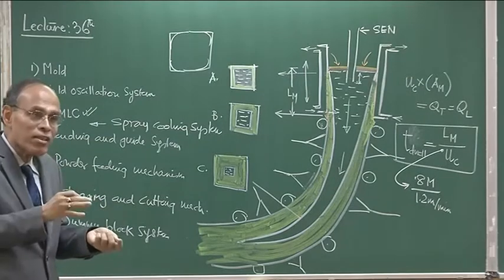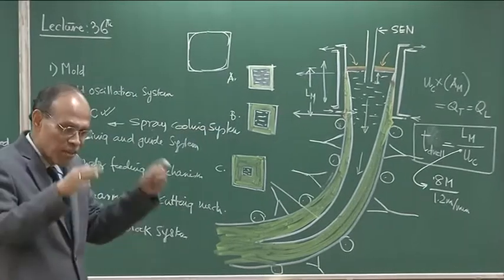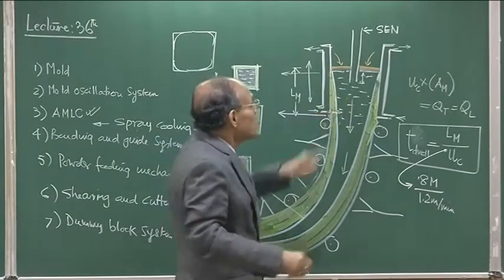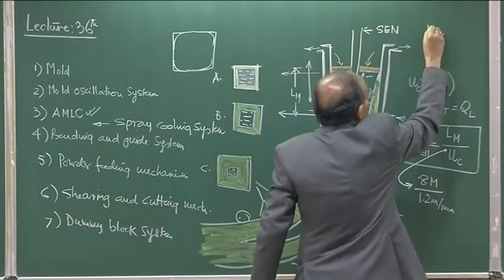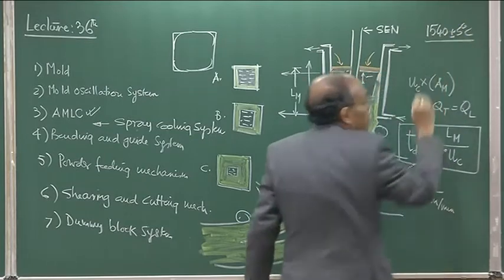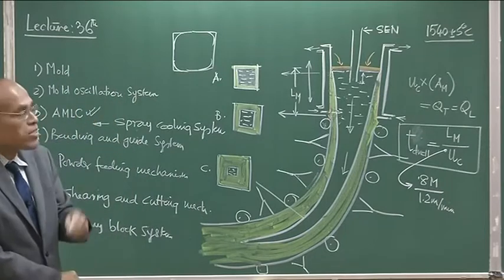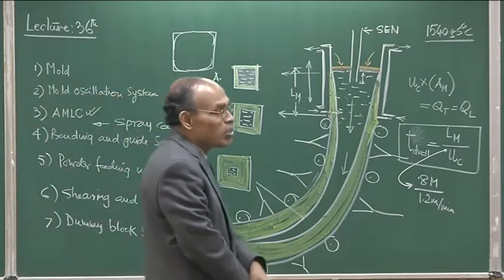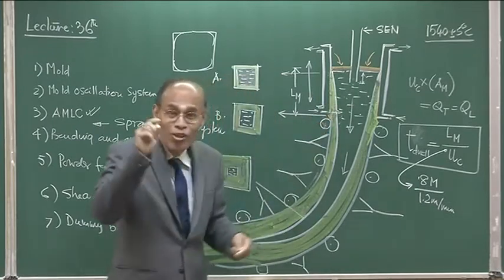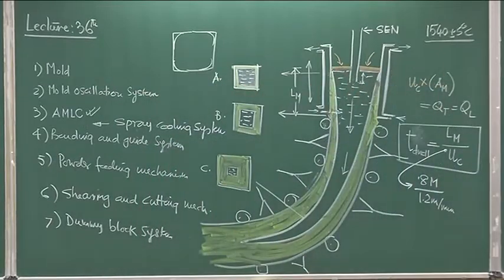We have also seen that we add many solid materials, there is wire feeding, there is vacuum degassing, and a drop in temperature takes place. And here is the caster operator who tells me that he will not accept the material unless it reaches 1540 plus or minus, just quoting a representative value, 5 degrees centigrade, because all his casting parameters are based on this. He has already designed the powder and set what the casting speed should be. Okay?